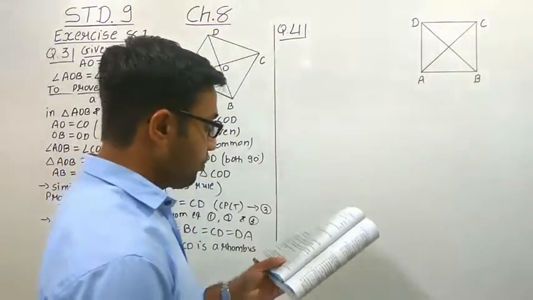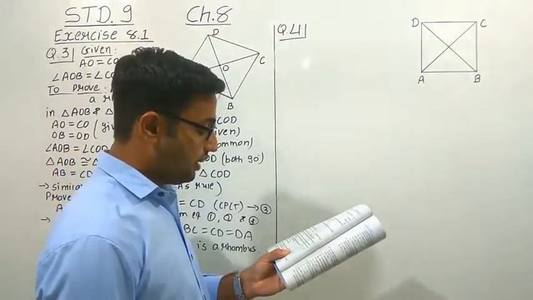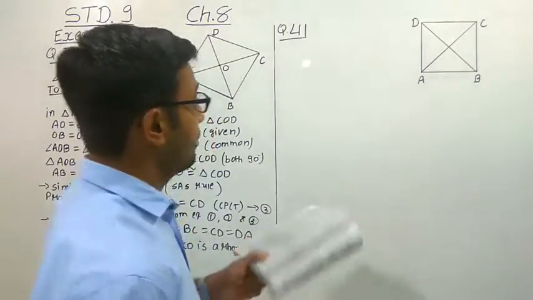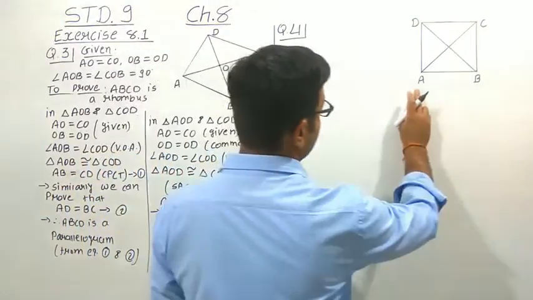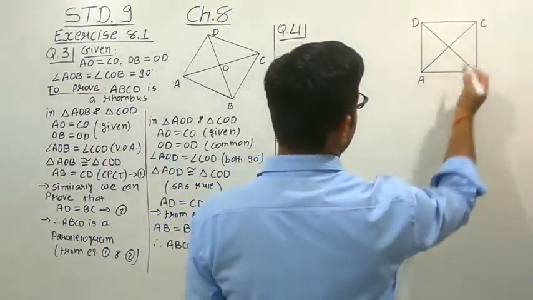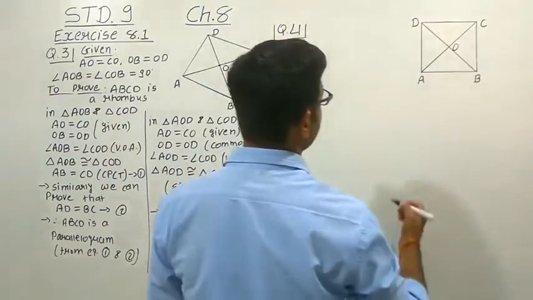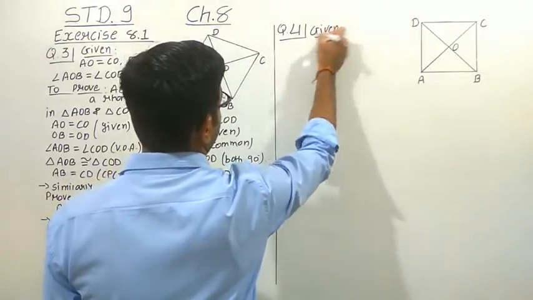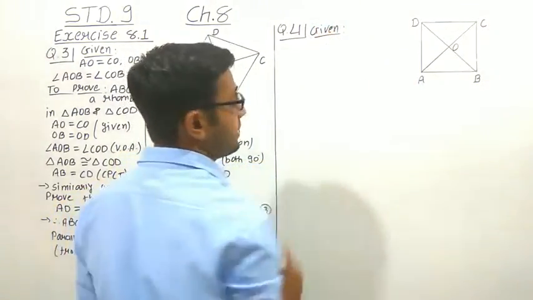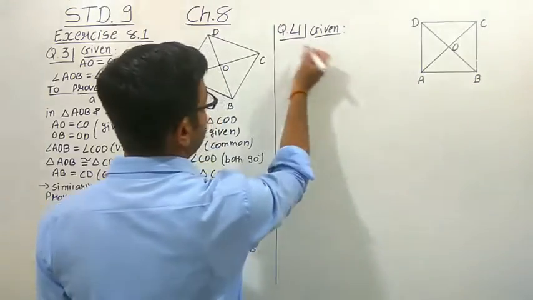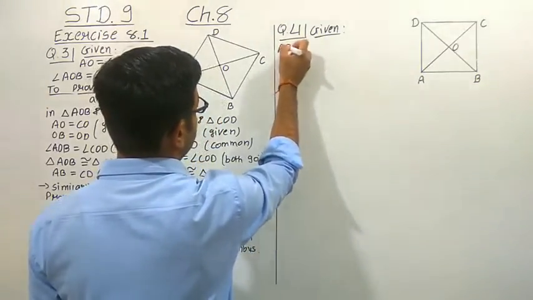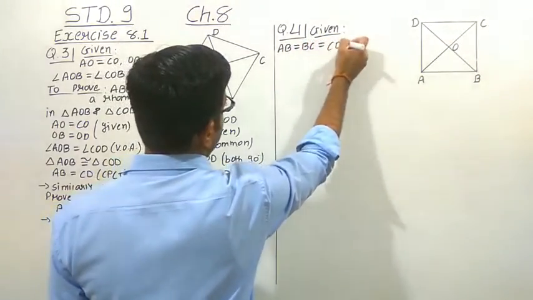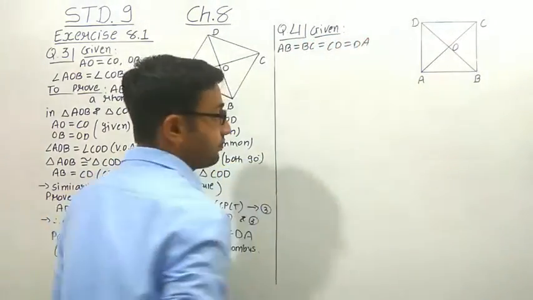Prove that the diagonals of a square are equal and bisect each other at right angle. Here we are given a square. Let us take that the square is ABCD, and the diagonals intersect at a point O. So here what we are given is that ABCD is a square. So all the four sides of the square are equal. So we can write down AB is equal to BC is equal to CD is equal to DA.